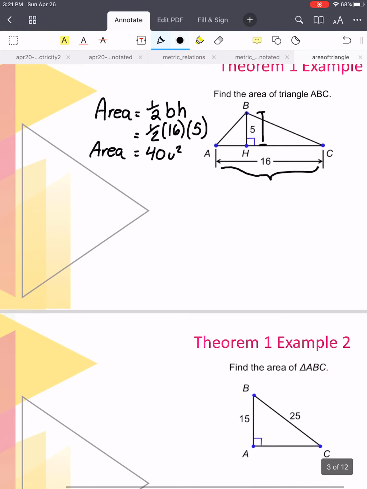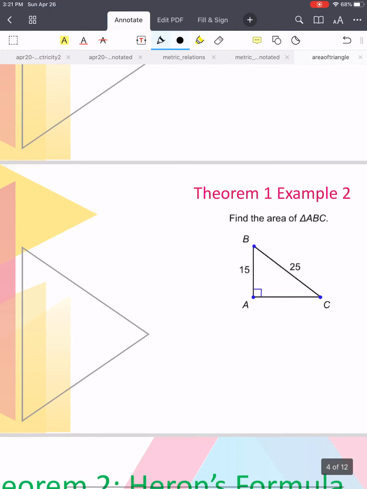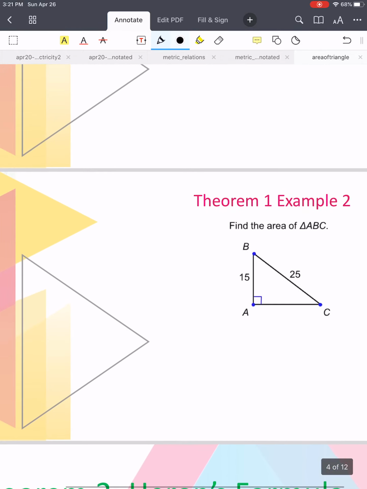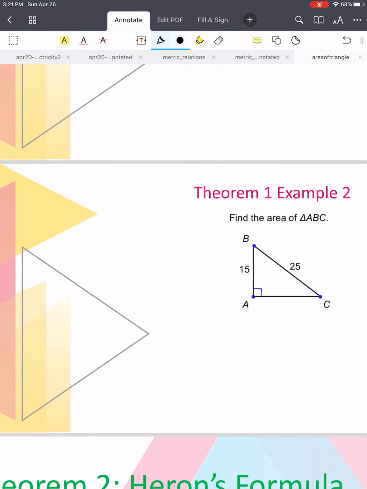Let's look at one more that's a little bit trickier. In this question, I'm asking you to find the area of triangle ABC. Feel free, if you want to try these problems before I go over them, to pause the video and give it a shot, see if you can work through it, and then follow along with my solution.